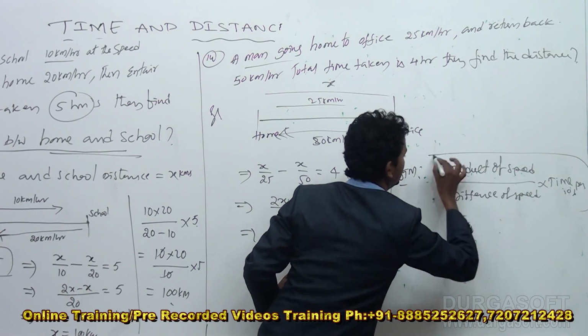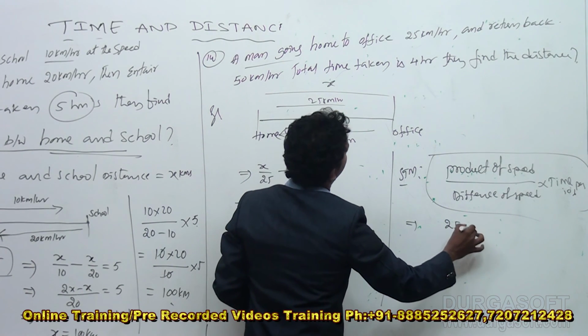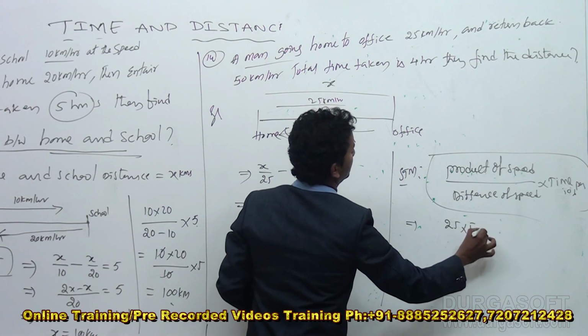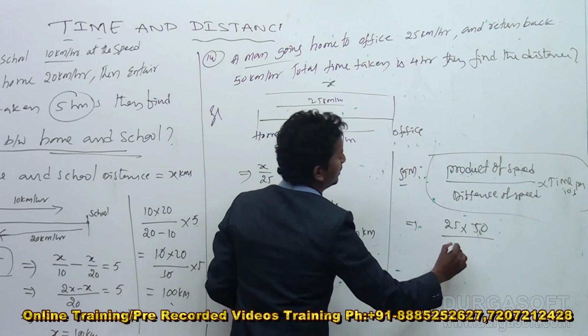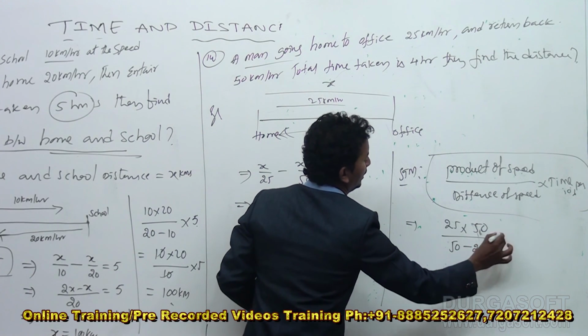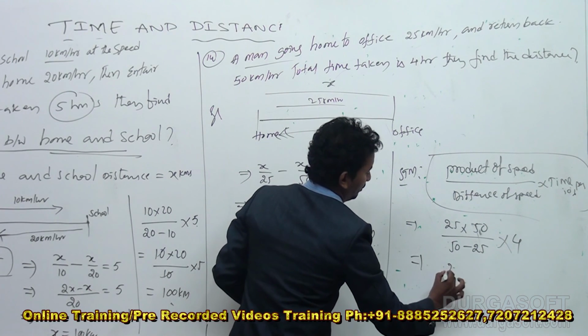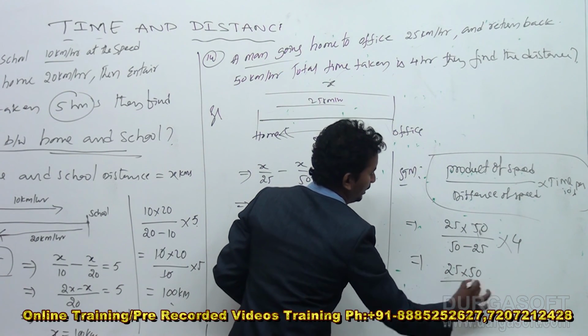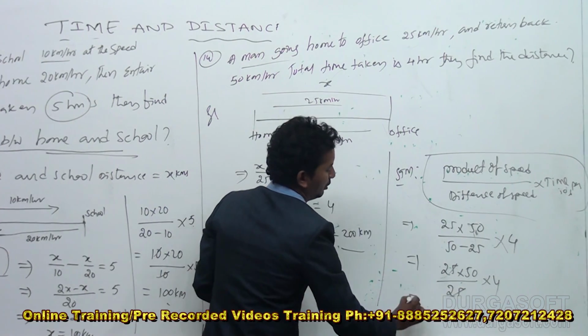The product of speeds is 25 into 50. The difference of speeds is 50 minus 25, into the time period of 4 hours. So 25 into 50 divided by 25 into 4, the 25 is cancelled, giving 2 into 100, which is 200 kilometers.